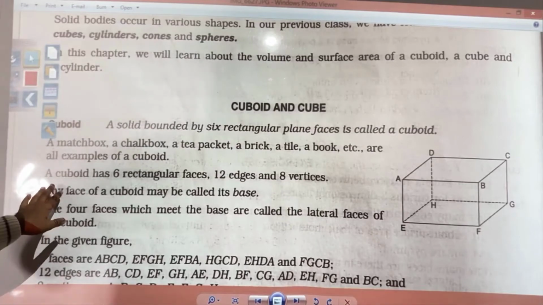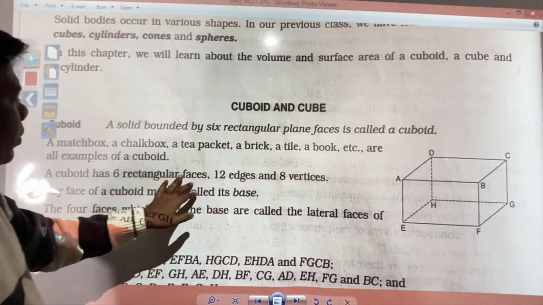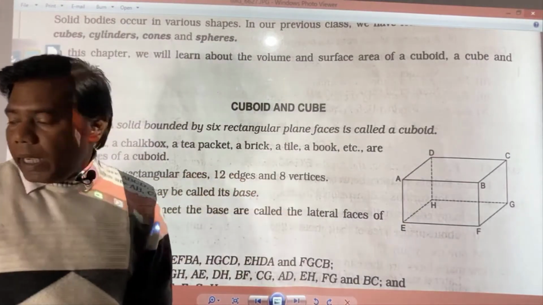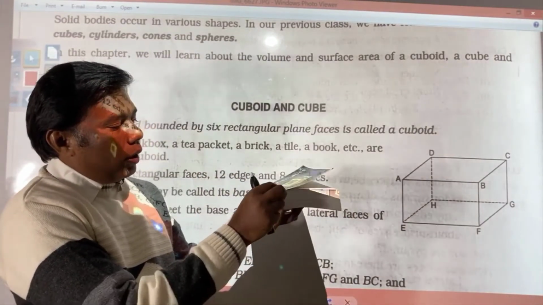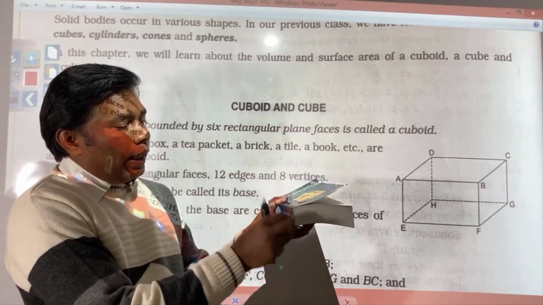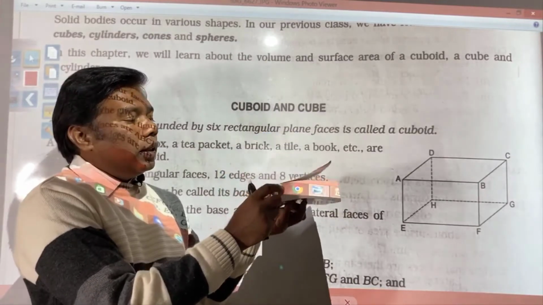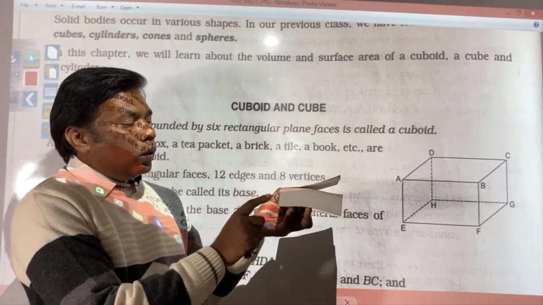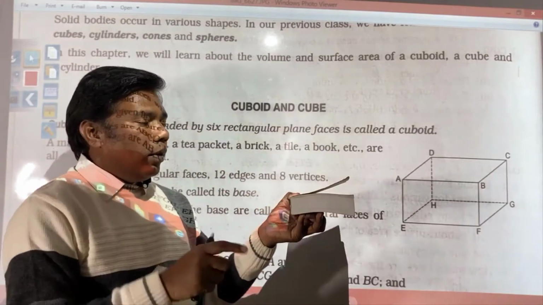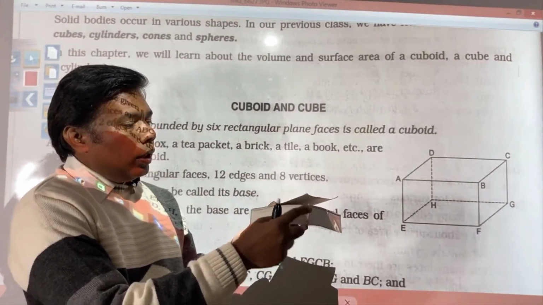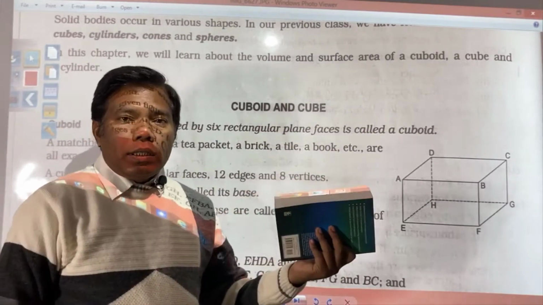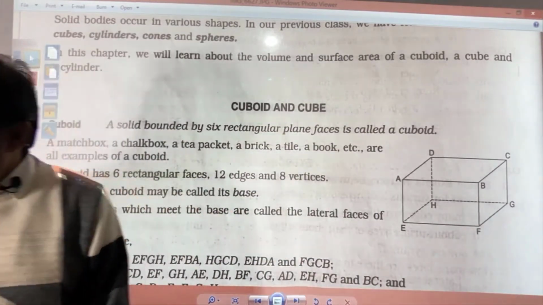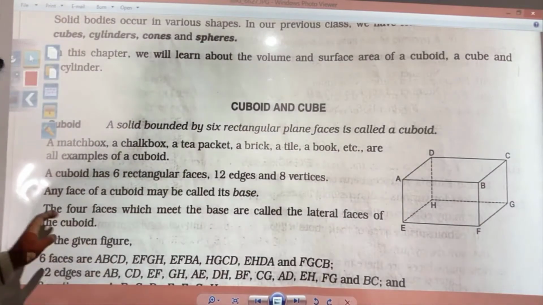So here it has been written, a cuboid has 6 rectangular faces, 12 edges and 8 vertices also. These will be called vertices, this corner where 3 lines are meeting at a point, these will be called vertex. So 8 vertices we have, 1, 2, 3, 4, 5, 6, 7, 8. 8 vertices we have in cube and cuboid.